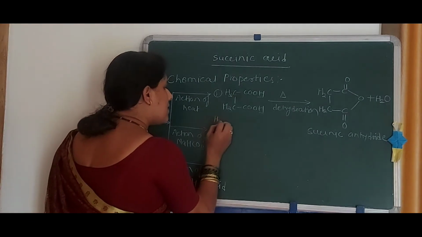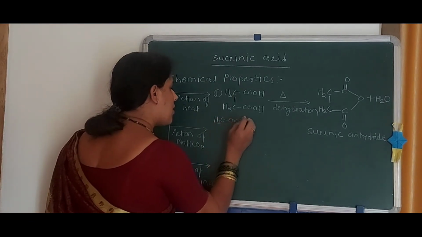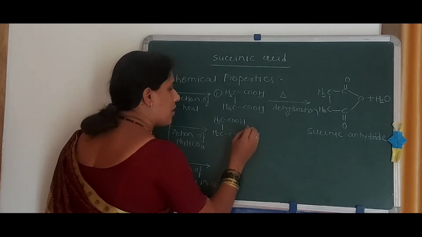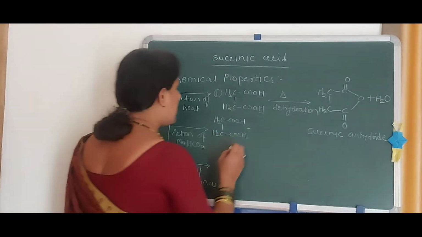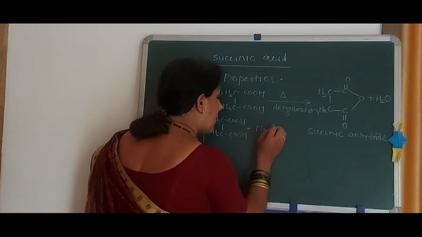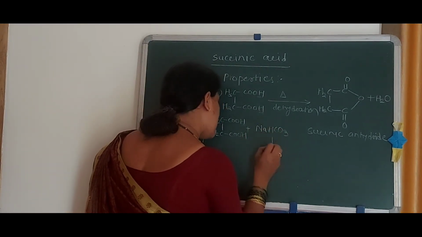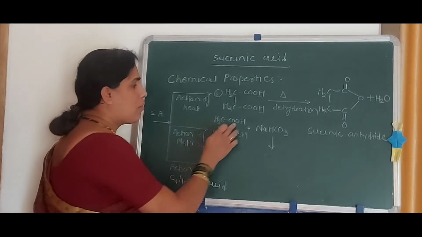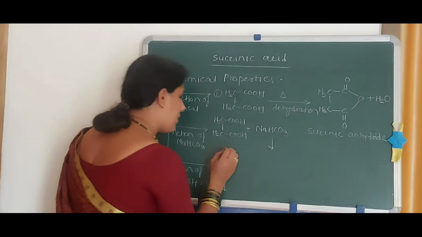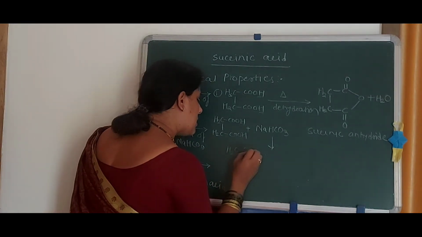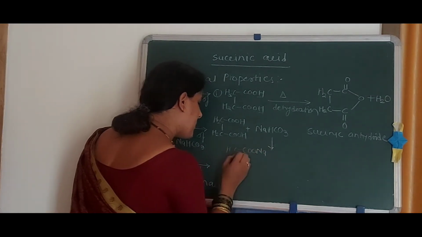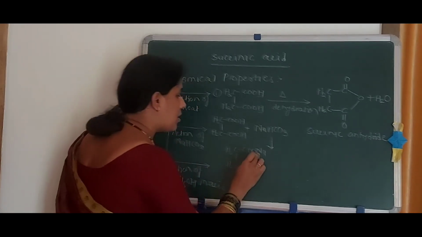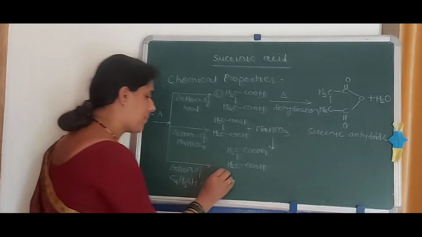Action of sodium bicarbonate. Here, CH2COOH, CH2COOH. Okay, what happens first? One molecule of NaHCO3. The reaction undergoes in two steps. First, one of the H atoms is replaced by which? That is Na. Therefore, CH2COONa, CH2COOH, sodium succinate.